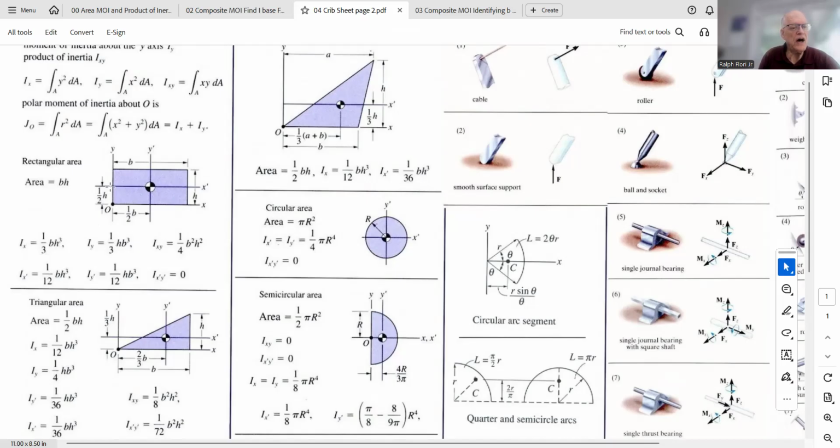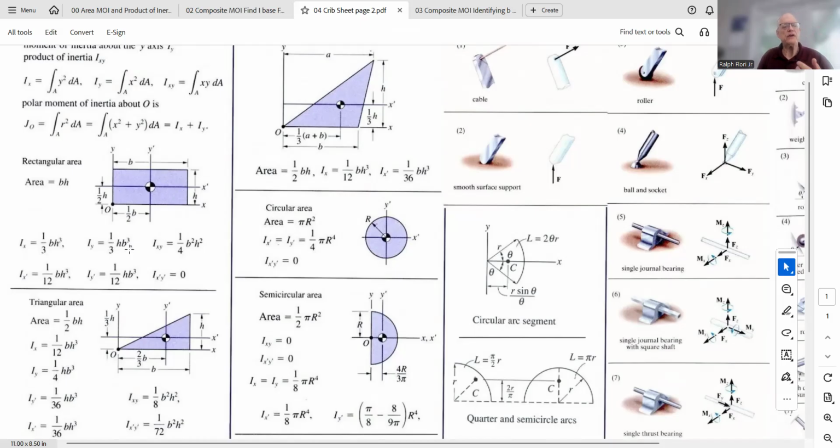He says IY prime is 1/12 HB cubed. And so now the H goes in for the base, and the B is cubed. So he gives you the same formula over again, but he switches the H and the B. And the I about the y-axis, you use I base, and it's 1/3 base, which is the H, times the height, which is B cubed.